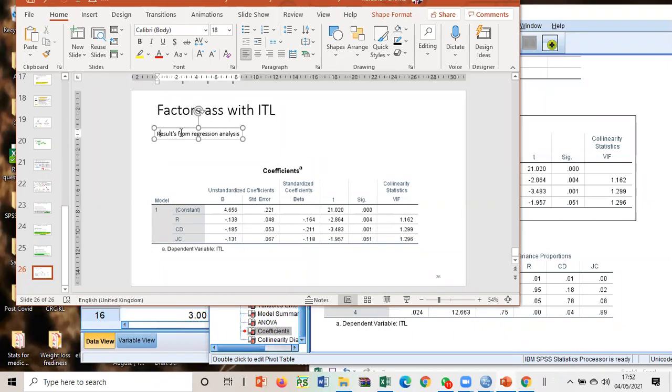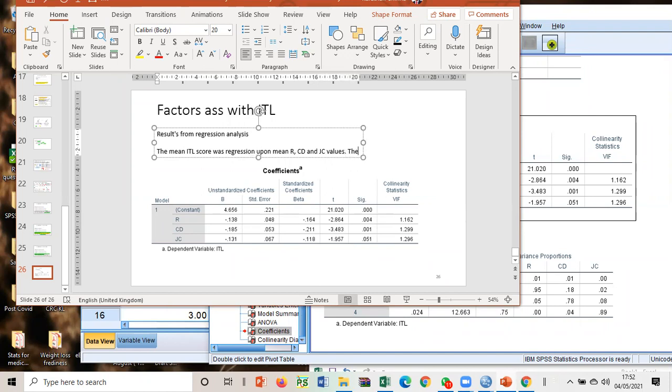So the mean ITL score obtained from the ITL items was regressed on the mean values of remuneration, CD, and JC.